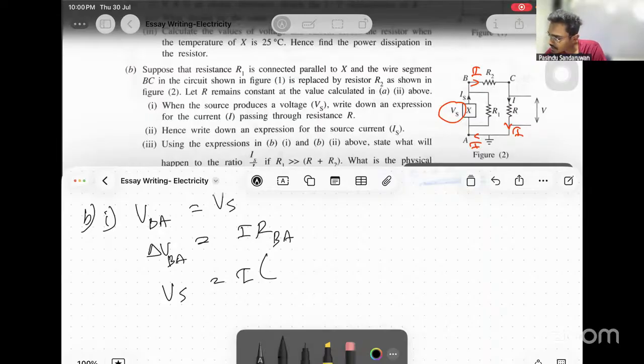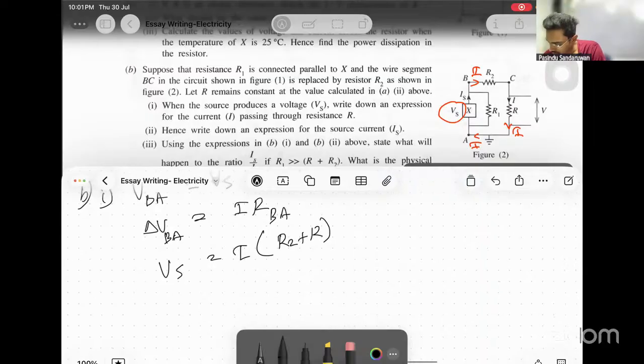Then RBA is R2 plus R. Then Vs equals I times R2 plus R, which is 250.